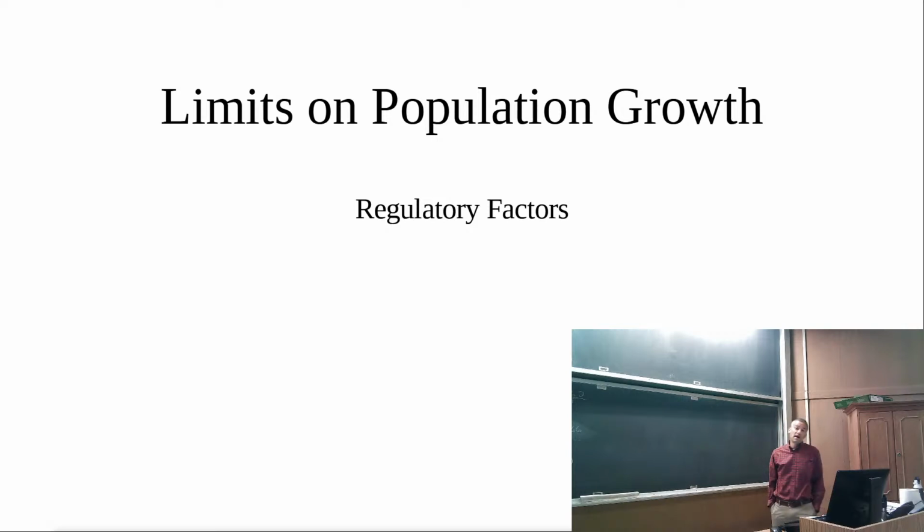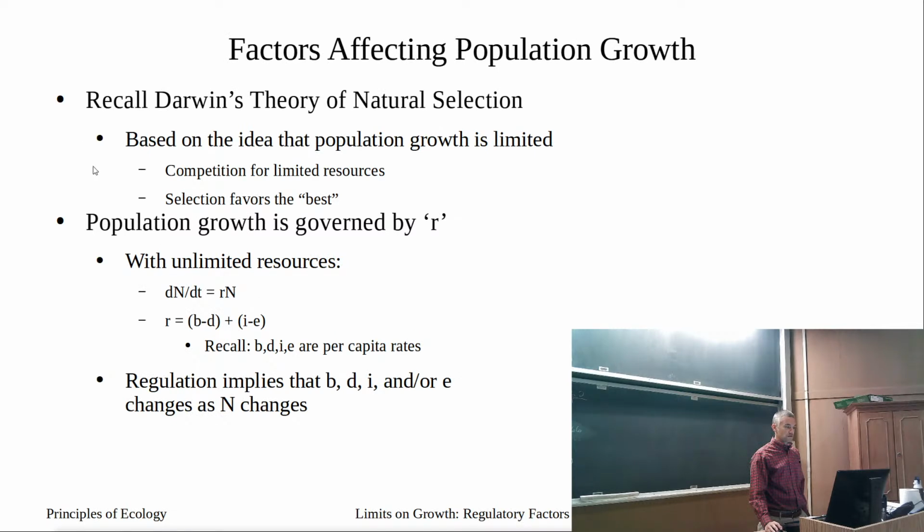It's unrealistic out in nature because we do have a finite amount of space and a finite amount of resources. Can we predict population growth knowing that we have these other factors? And the answer is yes. So what we're going to talk about are the regulatory factors. What regulates our population? And then work with an equation that accounts for these regulatory forces.